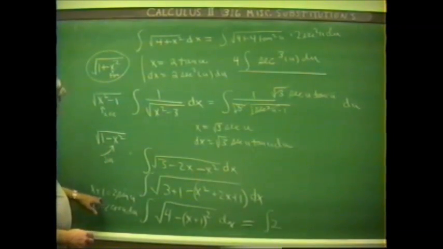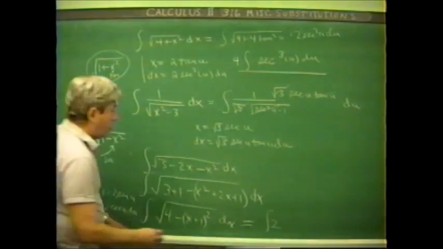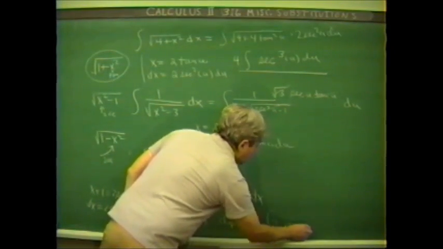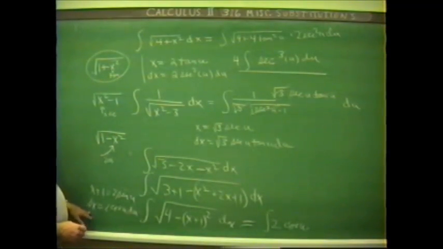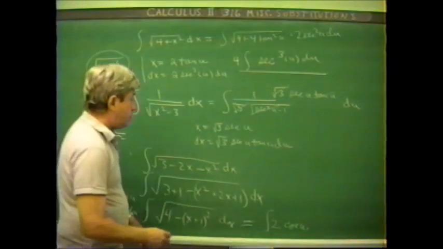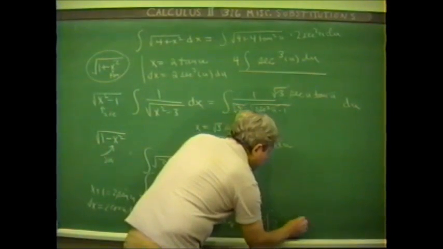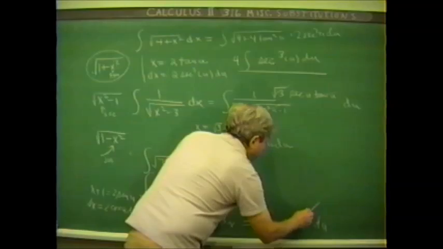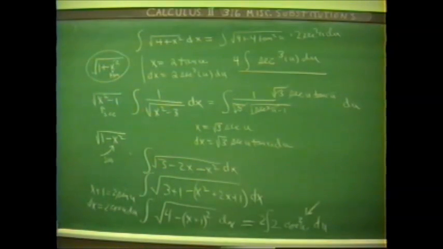Now I've got 1 minus sine squared, which is cosine. And then dx is 2 cosine u du. So I've got 2 cosine u du. And you end up with a problem of finding the antiderivative of cosine squared, which is doable.